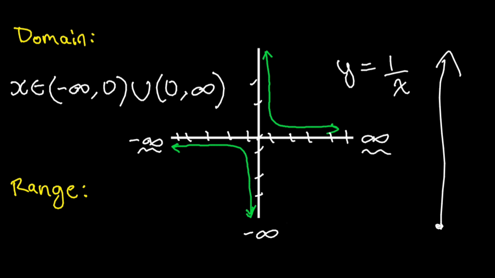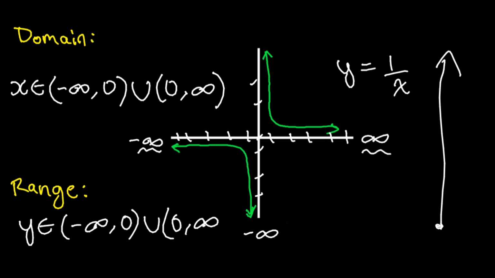It's just before and just after 0. So y exists between negative infinity but less than 0 and greater than 0 to infinity, which is up here. So that's the domain and range of this hyperbola.